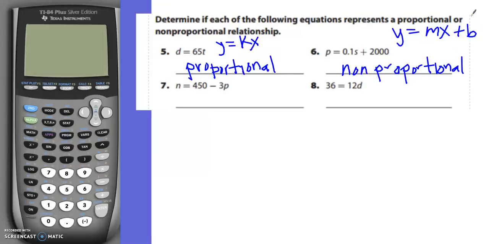This is non-proportional. It's also in the format of y equals mx plus b. This is non-proportional.